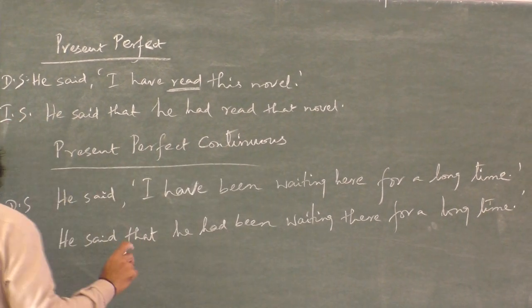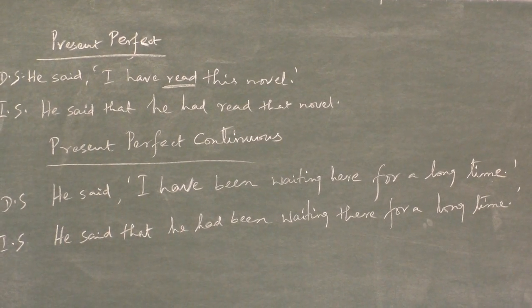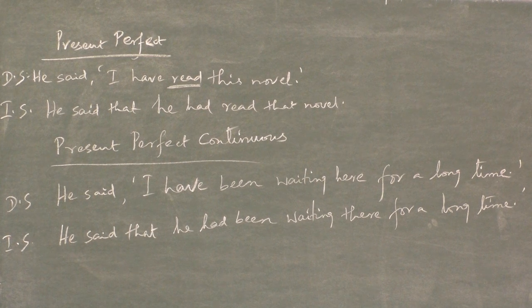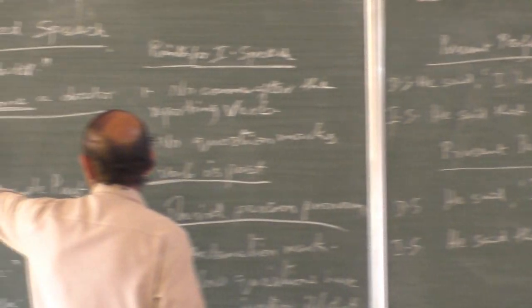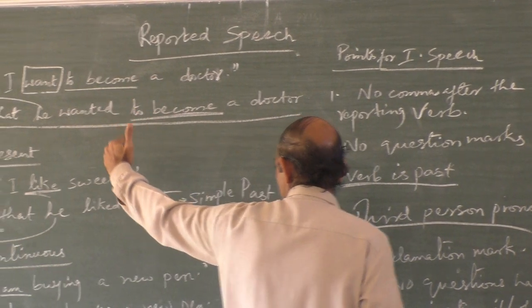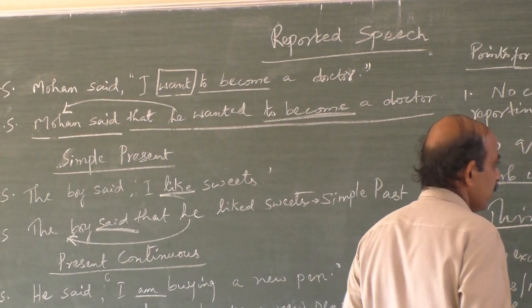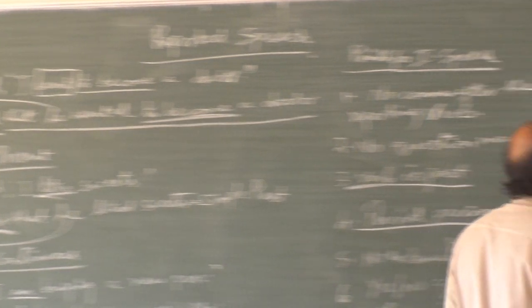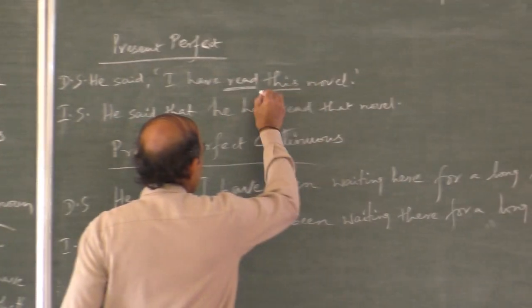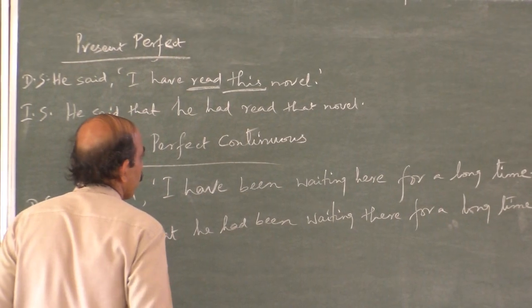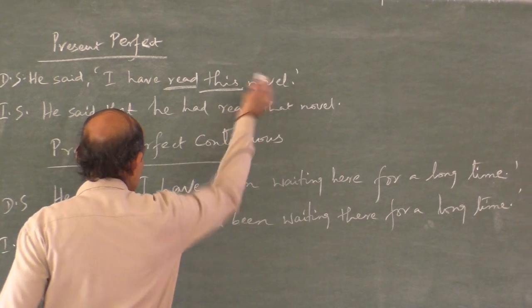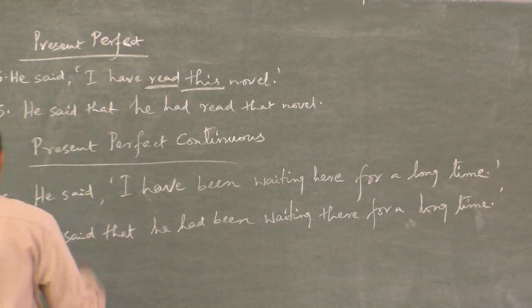Now you notice that in all these examples, the beginning examples, simple present and present continuous, you have got another word here, the demonstrative pronoun, or here it functions as an adjective.